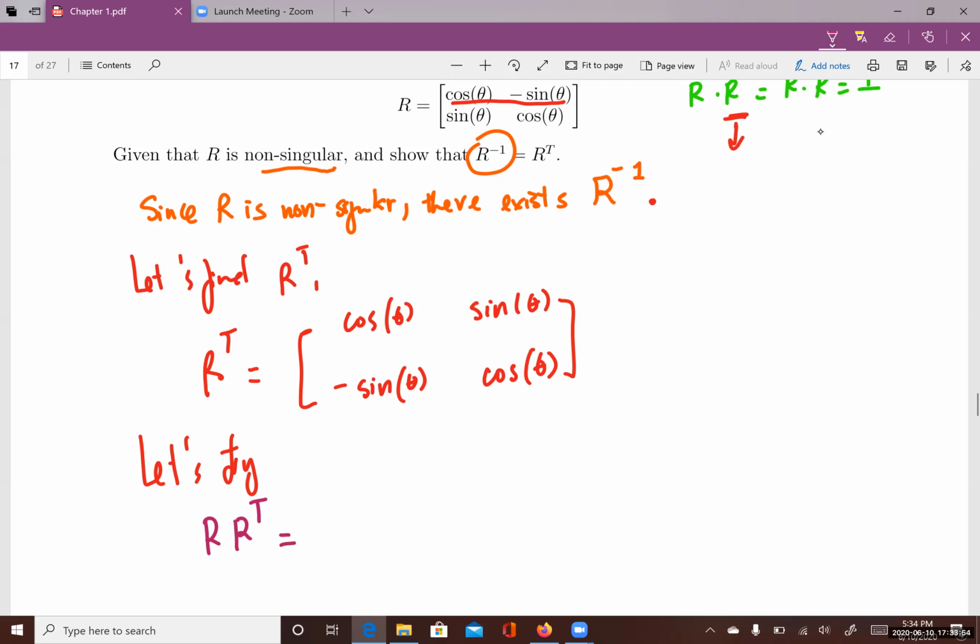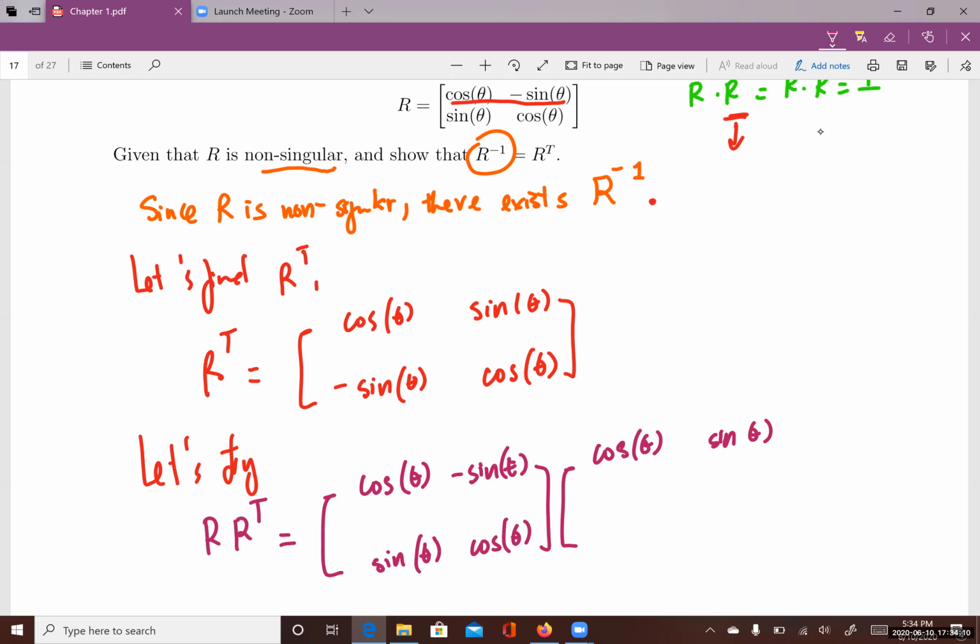So R times R transpose would be cosine theta, negative sine theta, sine theta, cosine theta, multiplied by R transpose, which is cosine theta, sine theta, negative sine theta, and cosine theta. Okay, so what do we have here? We take first row, first column, right? Cosine and cosine, sine and sine. So cosine squared plus sine squared, which is 1.